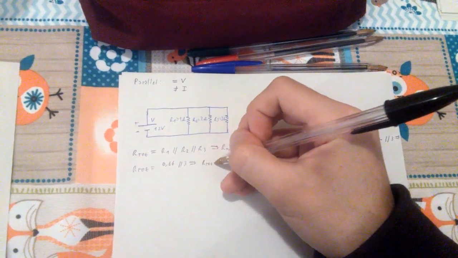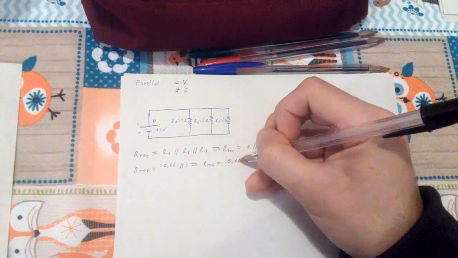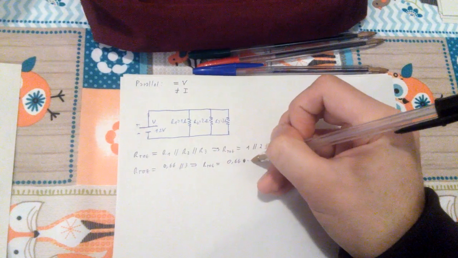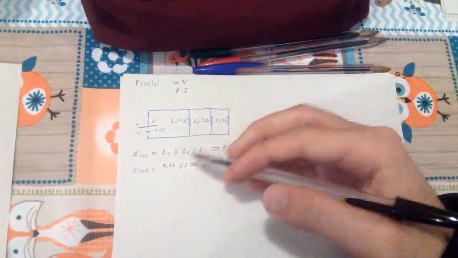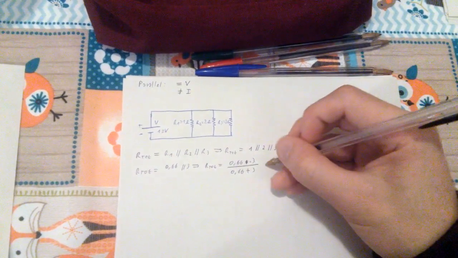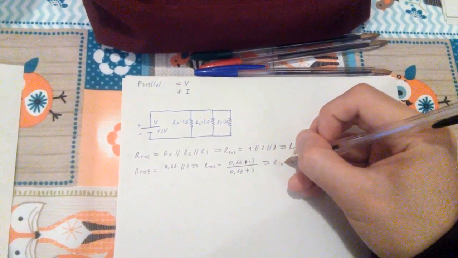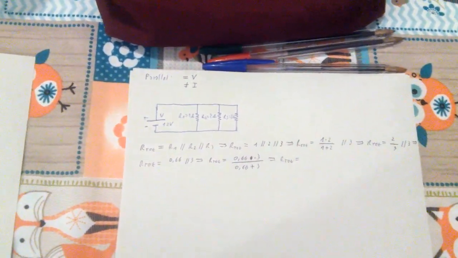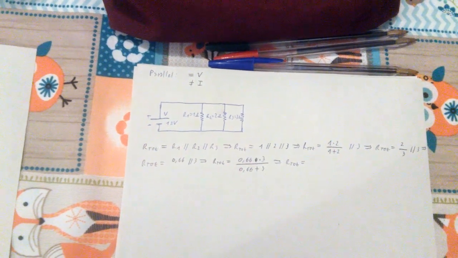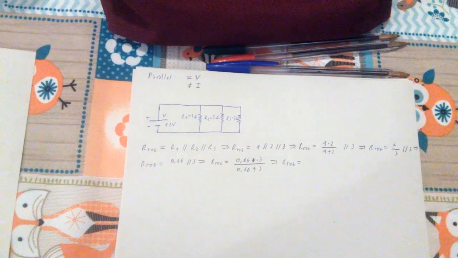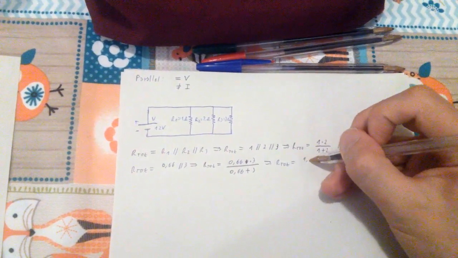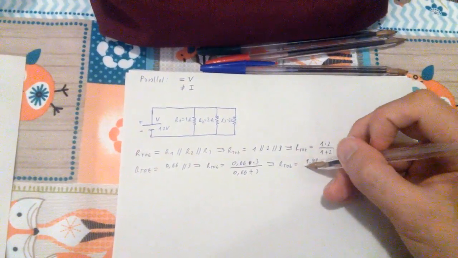So our total will be 0.66 times 3 over 0.66 plus 3. So the product over the sum. Now 0.66 times 3 will be about 1.98, roughly.